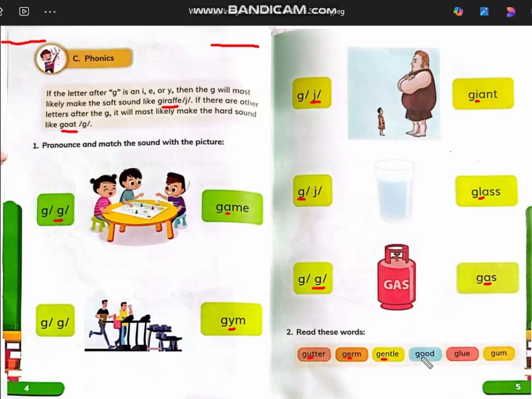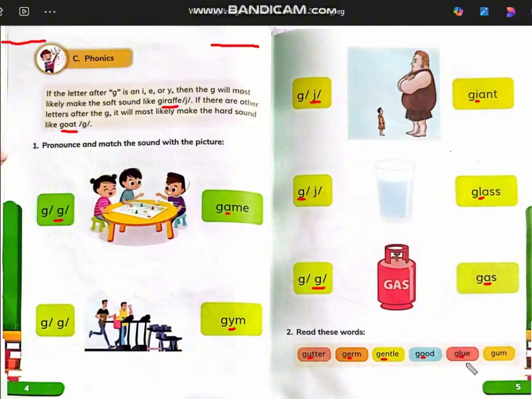Then the letter after G is O, and due to the presence of O, which sound is it going to make? Very good. It is going to make the hard sound, and the word will be pronounced as good. Then the letter after G is L, and due to the presence of L, the word will be pronounced as glue.